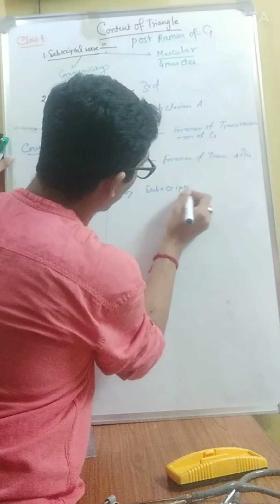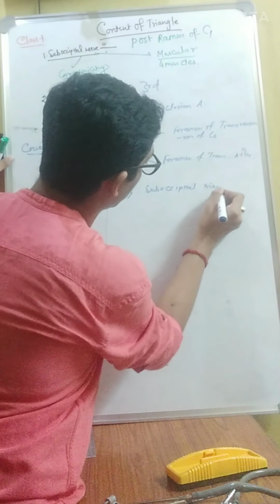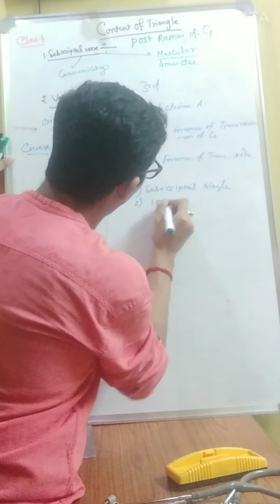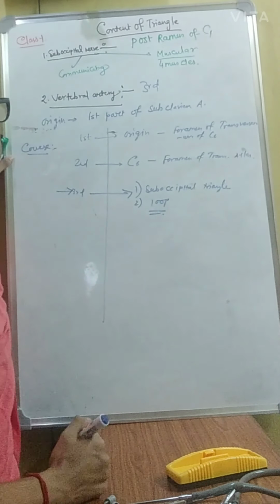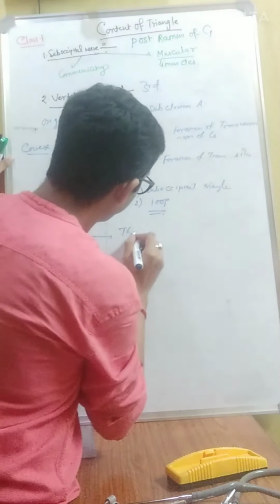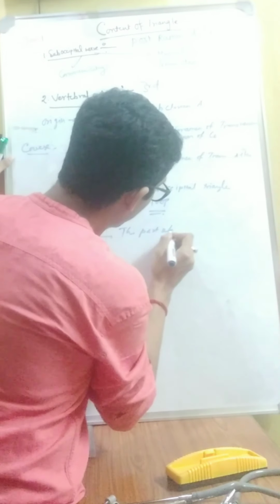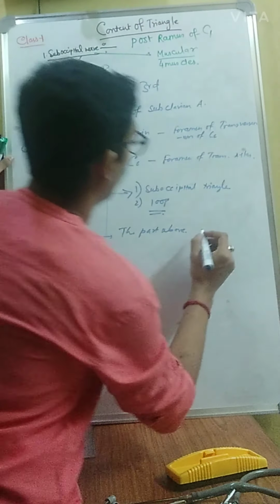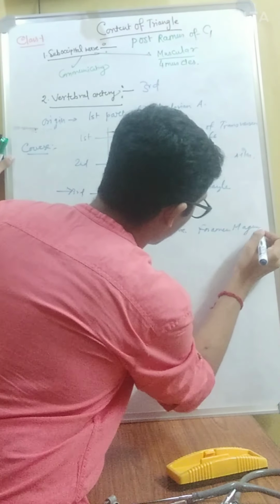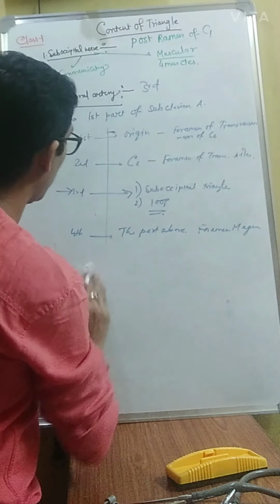If you watch the suboccipital triangle, the course of this vertebral artery forms a loop-like structure. This is important, loop-like. And the fourth part is above the foramen magnum.